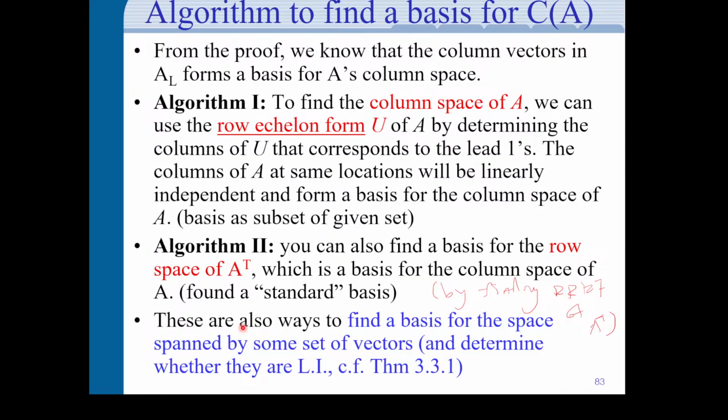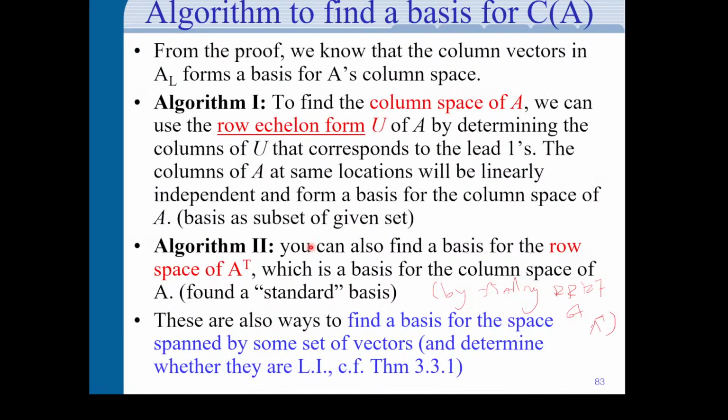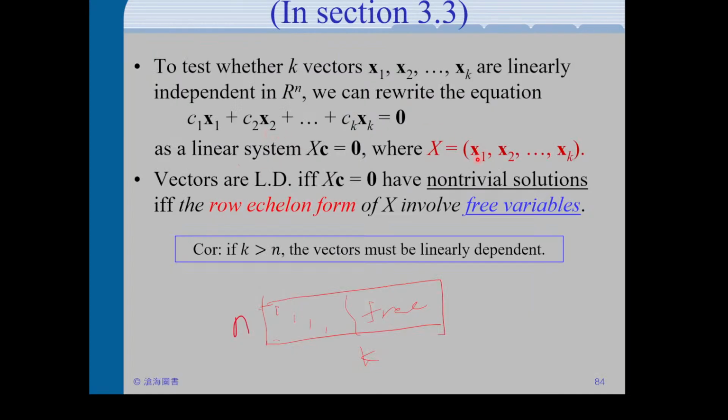Okay. And I guess this will be a generalization of what we do in algorithm 1. So we have the column vectors, and we make it REF. Then we count the number of leaf variables. And we find the basis for those column vectors out of those column vectors.